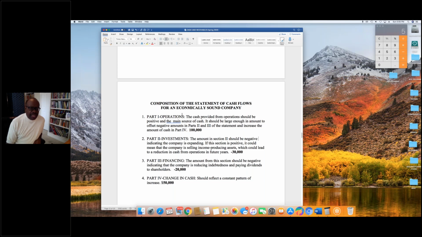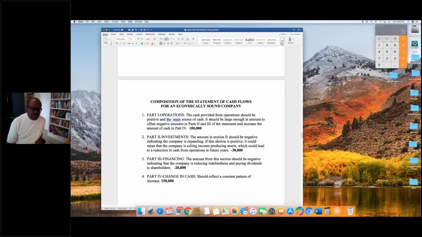A company needs to be able to generate cash from operations, such as Macy's selling its clothing, a rental car company renting its cars, so that it can expand. The rental car company needs to buy new cars. Macy's needs to have more stores or sell more online.